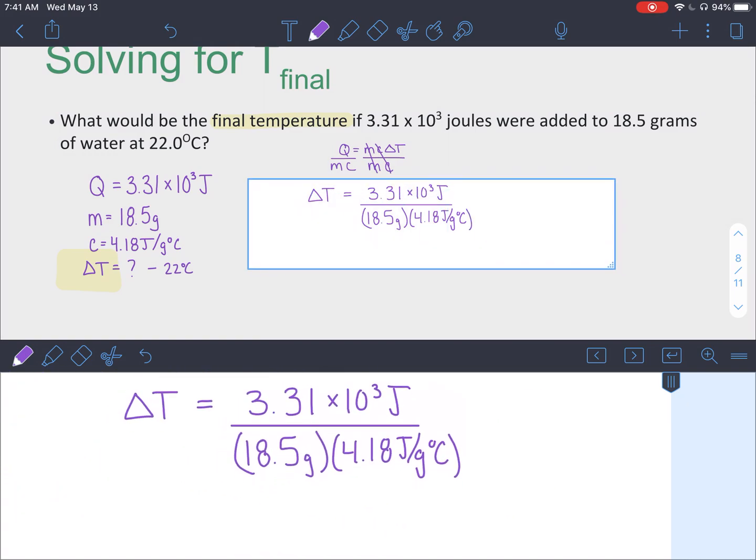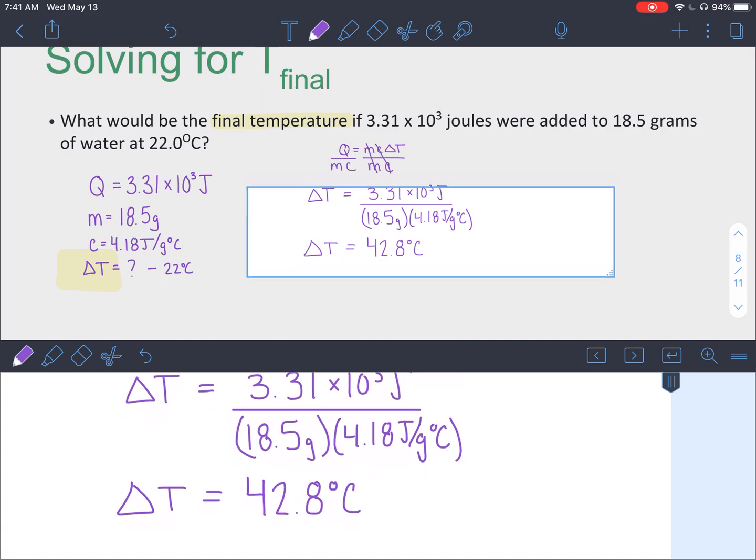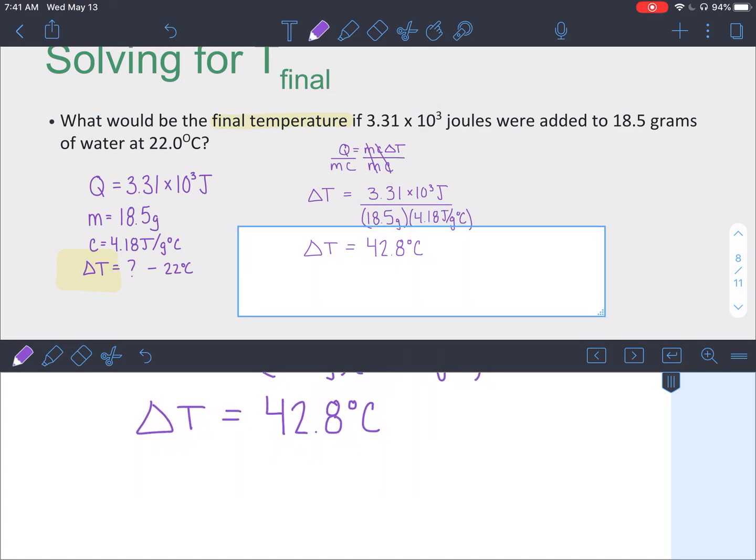Okay, now that we're at this point, we plug this into a calculator and we will get a change of temperature of 42.8 degrees Celsius. Now that we have the change, we can plug that into our delta T equation and solve for TF.